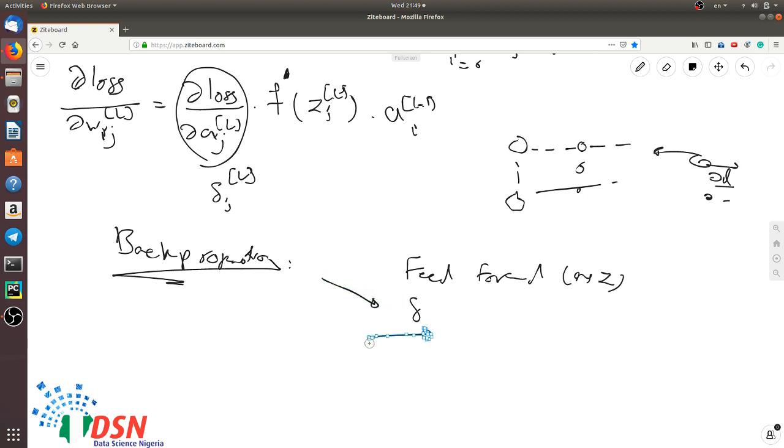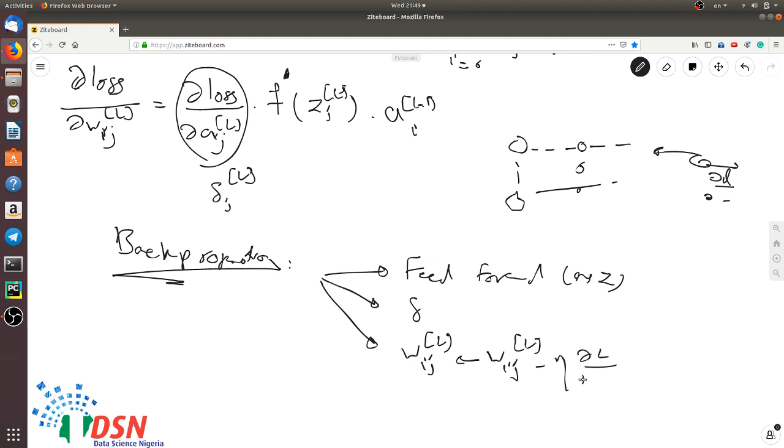After that, we update each network weight, as we know that wij should be the previous weight minus the learning rate times the partial derivative of that weight, and we know how to calculate this.